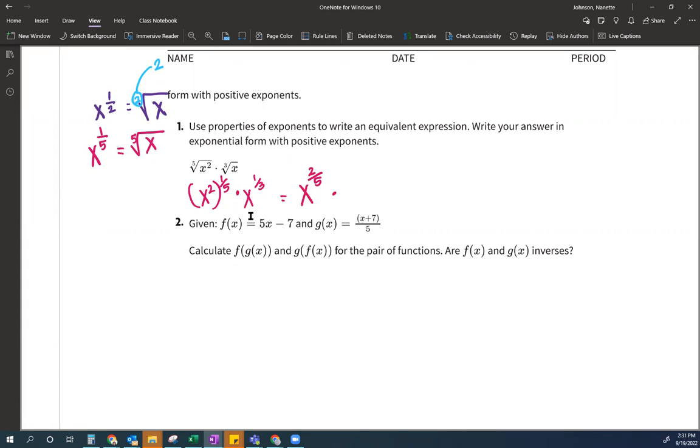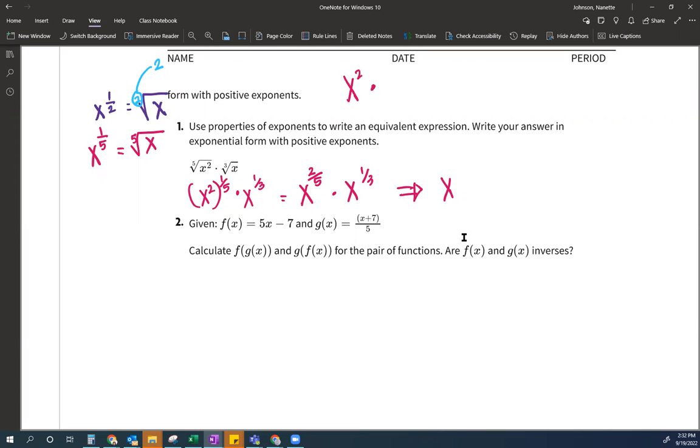And then you're like, okay, well, what do I do here? How do I work with this? Well, they have the same base, so I can just add these exponents. And if you forgot why you can add them, consider x squared times x cubed.